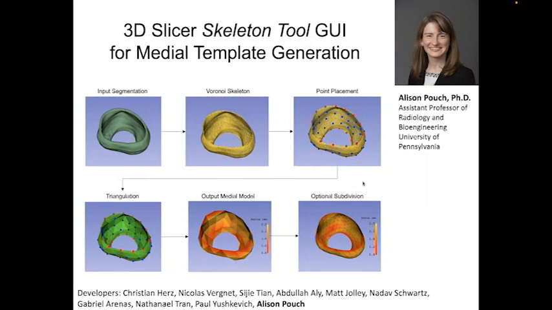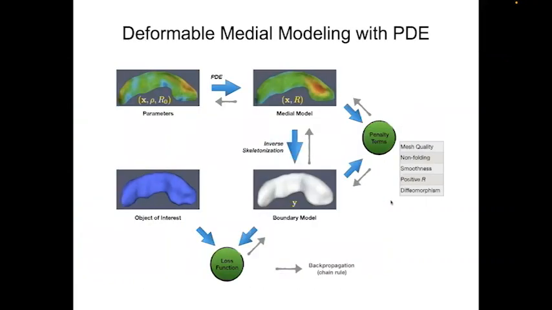A couple of things I still haven't talked about are that, to make this work in practice, we need additional penalty terms. Even though the grad R constraint is satisfied, we still need to make sure that the model is non-folding. We need to make sure that the solution is positive.